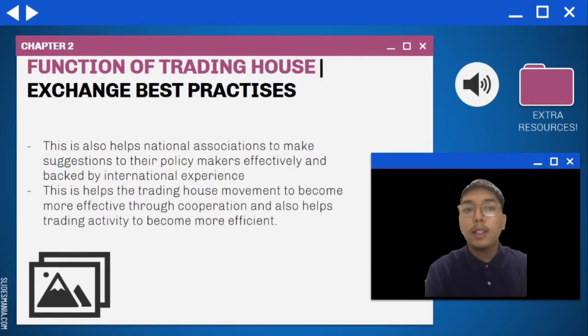This also helps national associations make suggestions to their policy makers effectively, backed by international experience. This helps the trading house movement become more effective through cooperation, and also helps trading activity become more efficient.